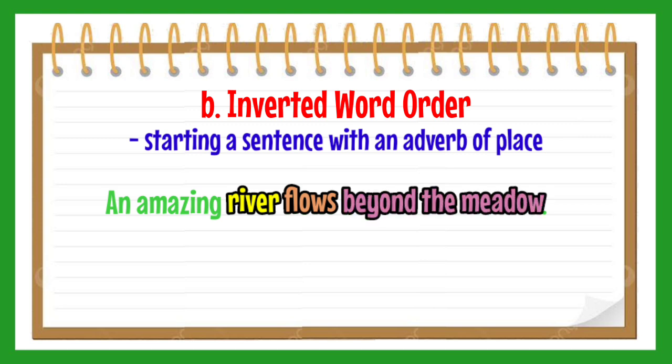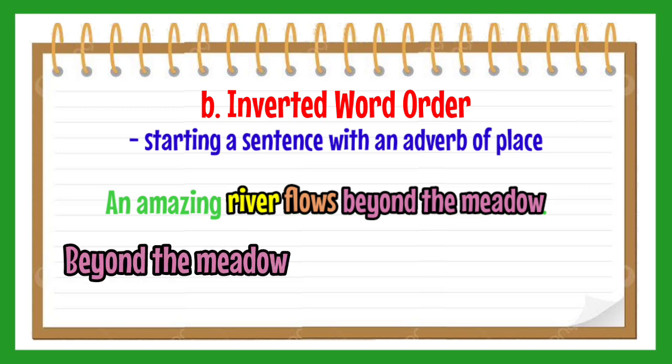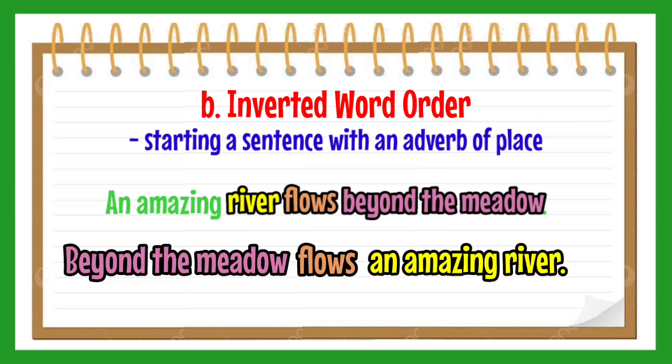How do we change it to its inverted form? Write the adverb of place first, beyond the meadow. Then write the verb, flows. Then write the complete subject, which is an amazing river. Therefore, its inverted form is, beyond the meadow flows an amazing river.